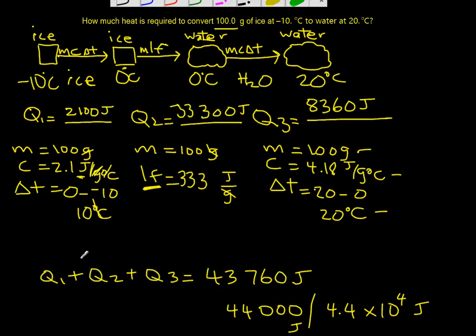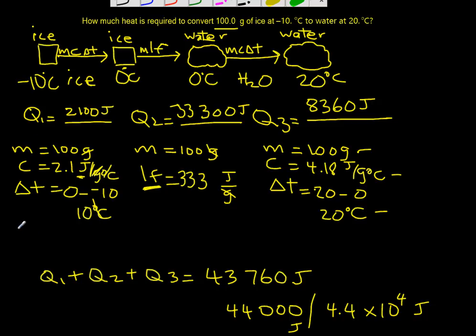When we multiply those together, we get, you just give me 1 second here, 100, I guess I could have done that one in my head, eh? 100 times 2.1 times 10, and that gives us 2100, 2100.